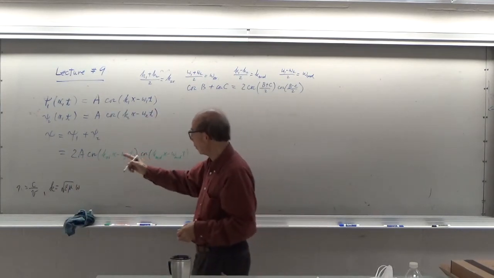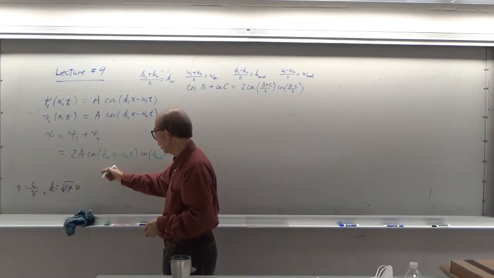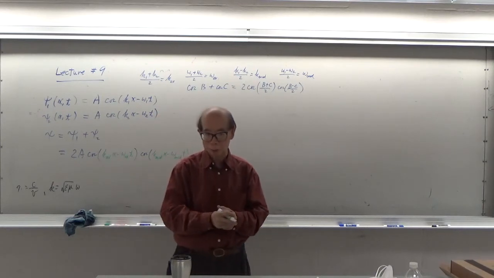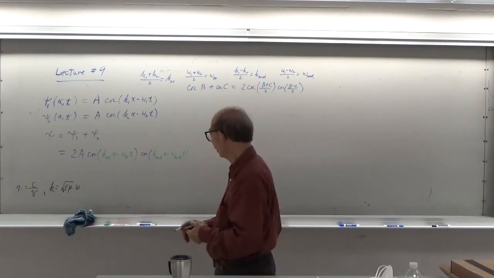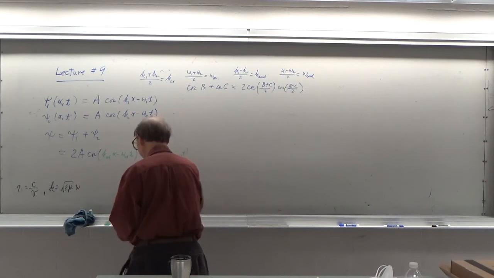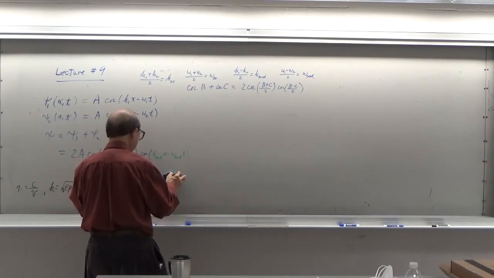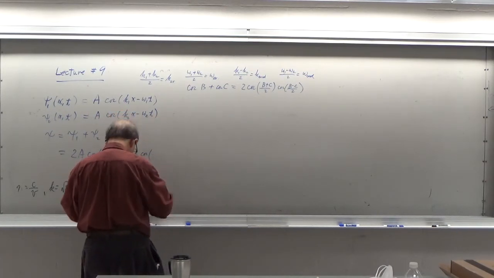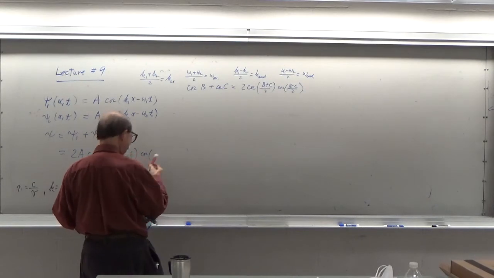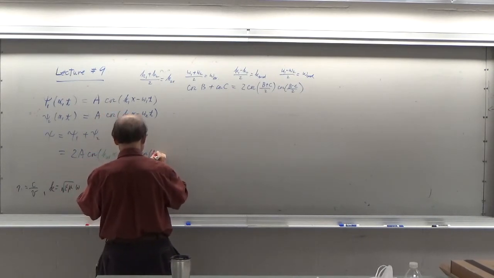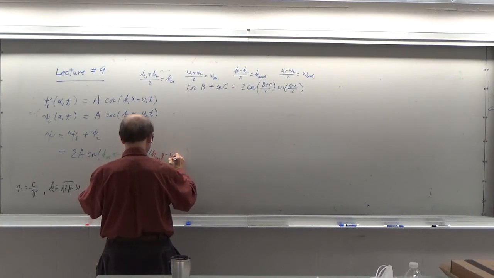So the wave function is given by the product of two sinusoidal waves. Oh, sorry, should I use green? That's the whole point. I use red for k mod x minus omega mod t.